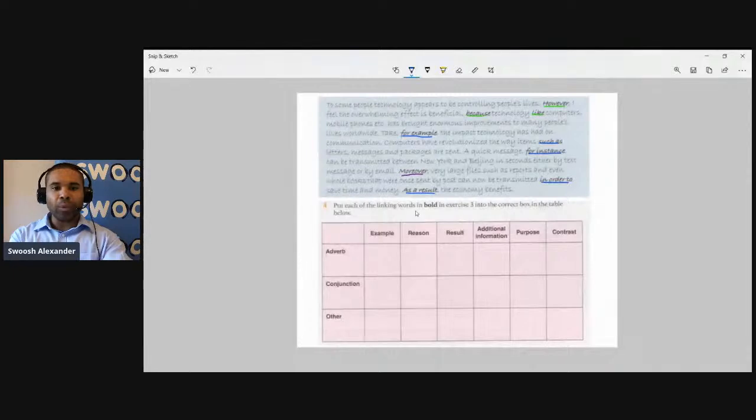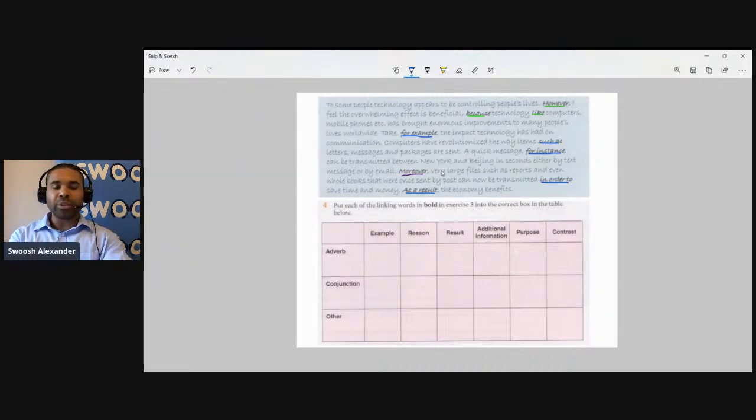So I'm going to share the task on the screen so that we can have a look at it together. And we'll see here that what we were focusing on was linking words. So these are the words which are in bold and are underlined by myself in the paragraph above.